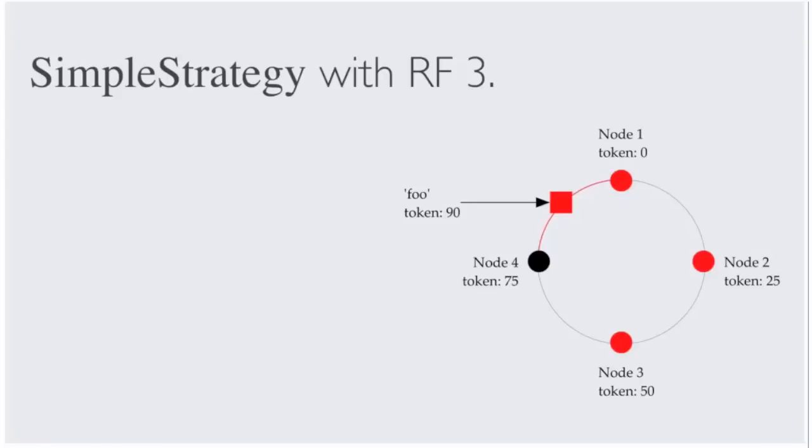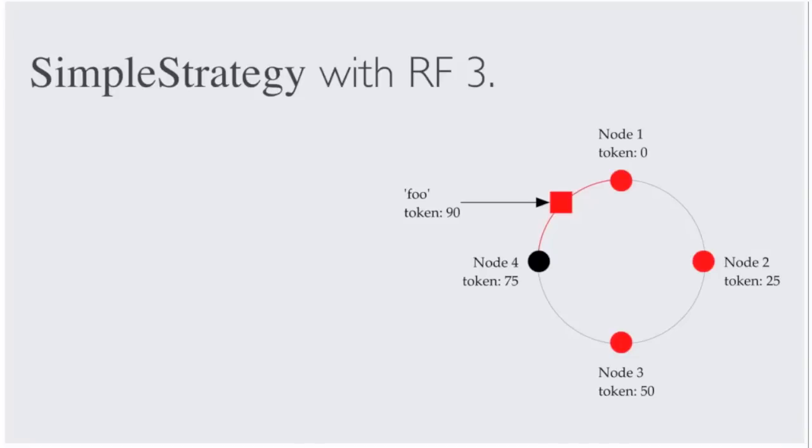It takes the nodes, orders them by their token, and then simply counts around until it gets to replication factor number of nodes. So in this case, we took the row key, we created the token, we mapped that onto the token range. That token range is owned by node 1. That is our first replica. We then count and we get to node 2 and node 3.